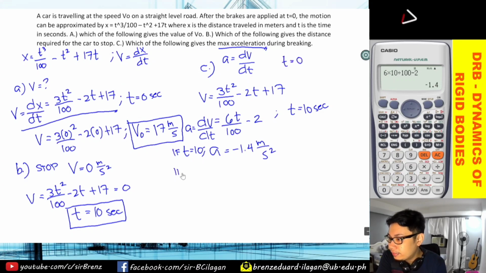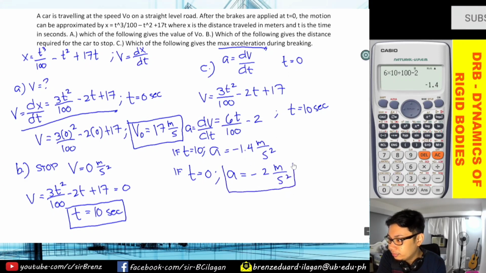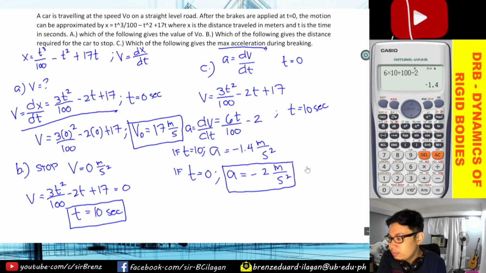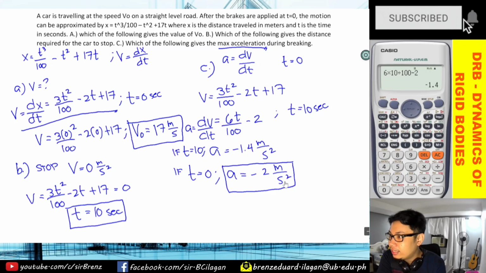So, i-check natin. If t is equals to 0 seconds, our acceleration will be negative 2 meter per second squared. So, which of these two is the maximum? Ito yung tamang sagot. So, maximum acceleration or deceleration. Again, ito yung magiging final answer. Okay, so these are the answers for letter A.